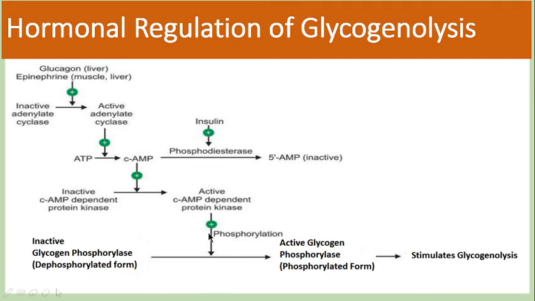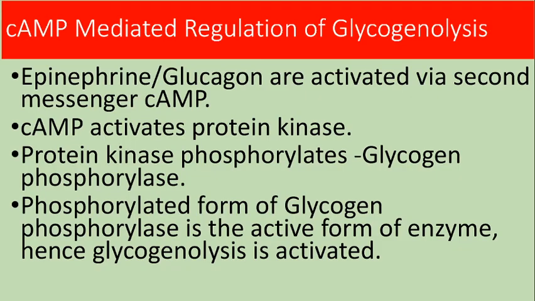Now it is phosphorylating the glycogen phosphorylase. We all know that the phosphorylated form is the active form. So the inactive form of glycogen phosphorylase is converted into the active form of glycogen phosphorylase in the presence of the enzyme called protein kinase, which will stimulate glycogenolysis. So this is how cAMP and glucagon and epinephrine will regulate glycogenolysis.